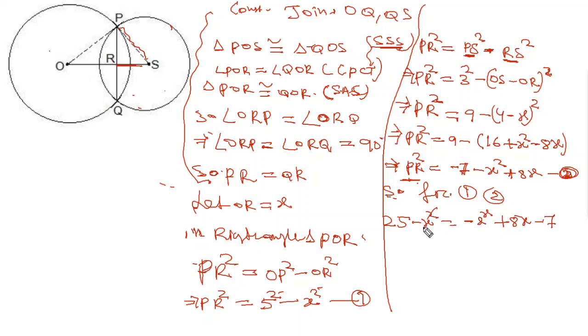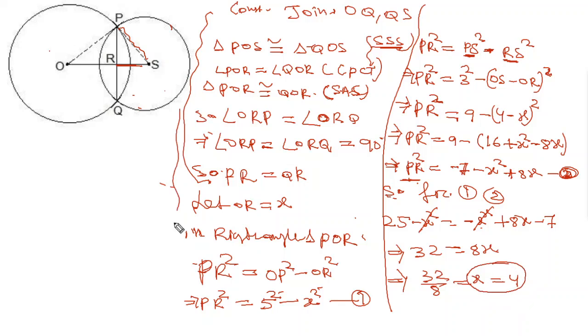Now cancel minus X square and minus X square. Bring this minus 7 to LHS, so 25 plus 7 is 32, so 32 equals 8X, implies X is equal to 32 by 8, which is equal to 4. So we got the length of X as 4.